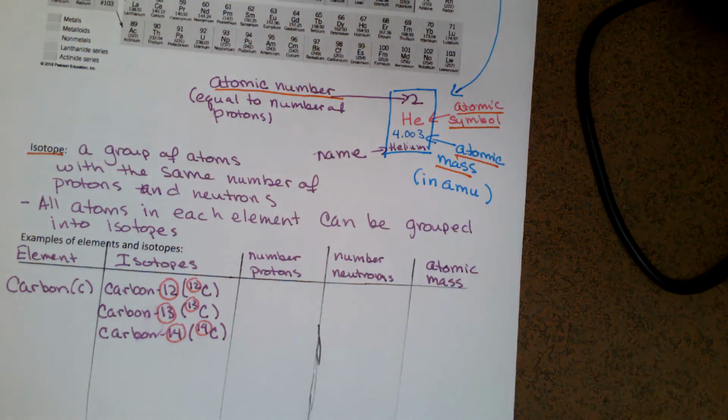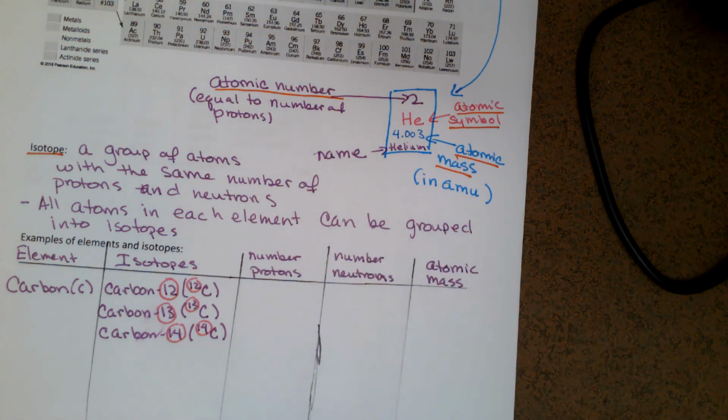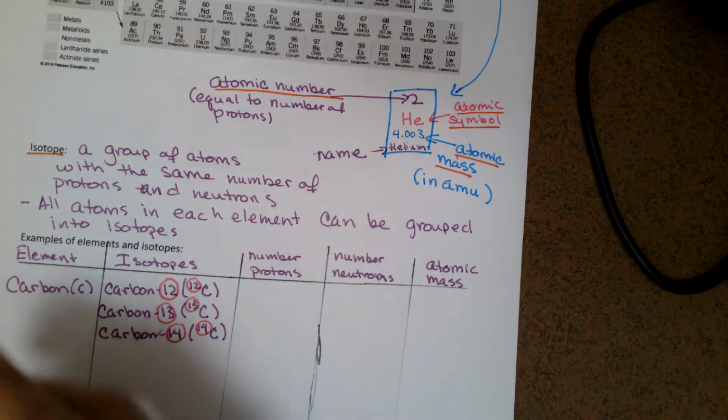Now, how many protons do each of these isotopes have? Take a moment and think about it. What element are they? Right, the element is carbon. So carbon always has 6 protons.